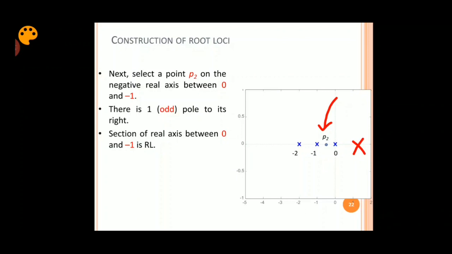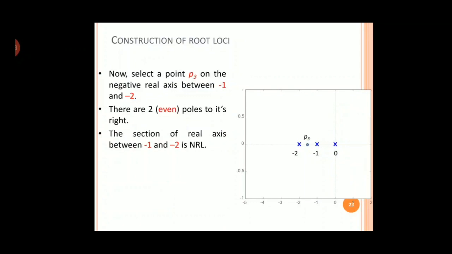To the right of it, I see only one pole, which is odd. When it is odd, that section of real axis will be RL. So this section between 0 and -1 is RL.